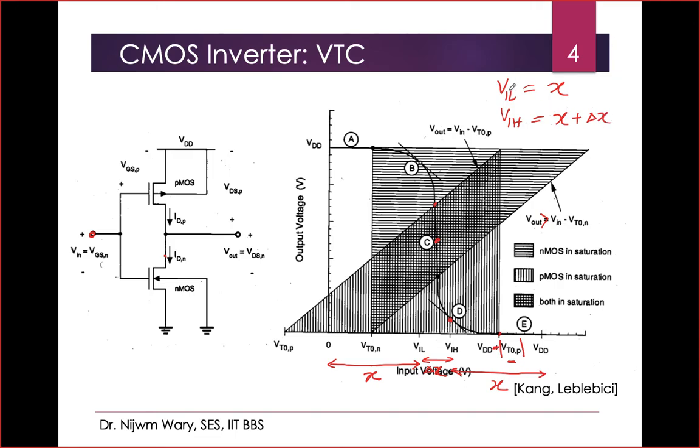Now if I sum VIL and VIH, I will get twice x plus delta x, which is nothing but the VDD, right? x plus delta x plus x is equal to VDD. So this is how we can intuitively understand, even from this graph, that VIL plus VIH is equal to VDD whenever my inverter characteristic is perfectly symmetric, like that.